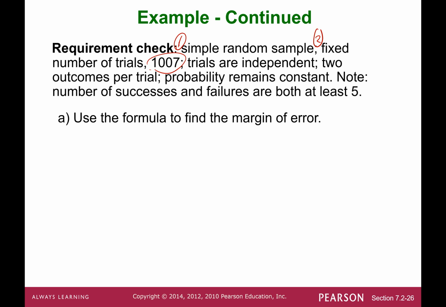The third condition is that the number of successes and failures are both at least 5. How do we know that? We do np, n times p hat, equal to 1007 times 85%. That's the number of successes, which should be approximately, let's write this, 1007 times 0.85.